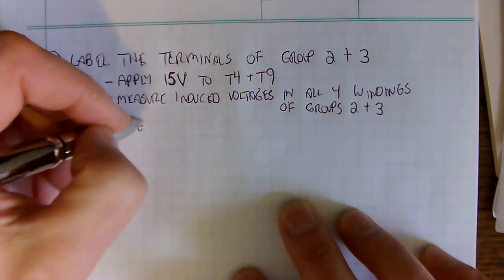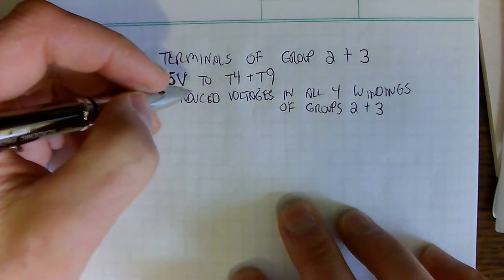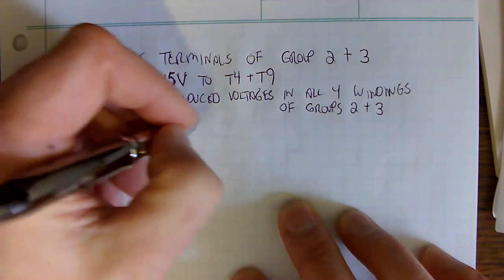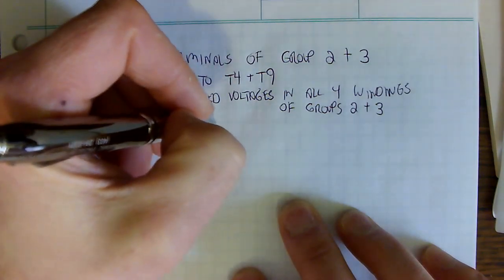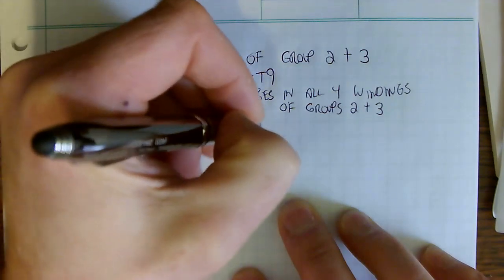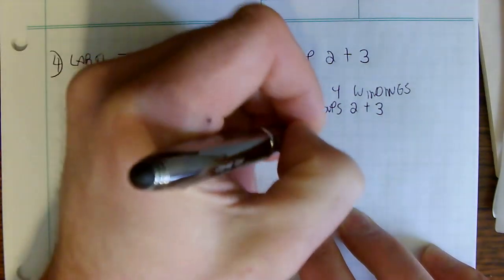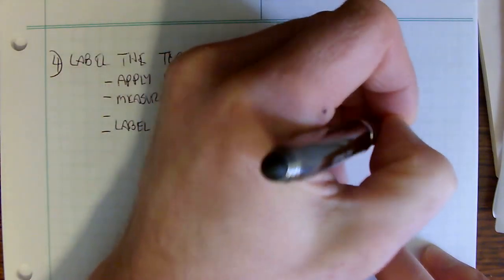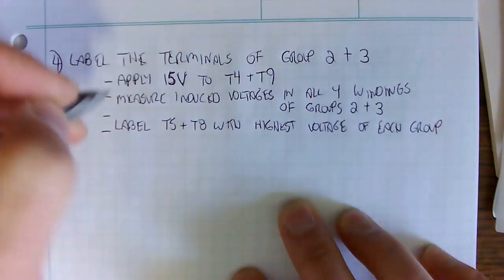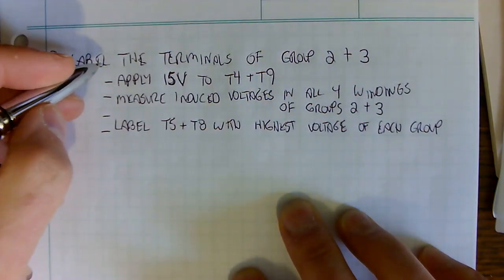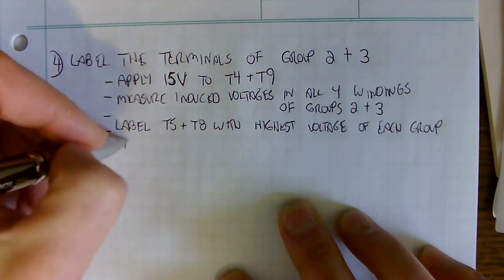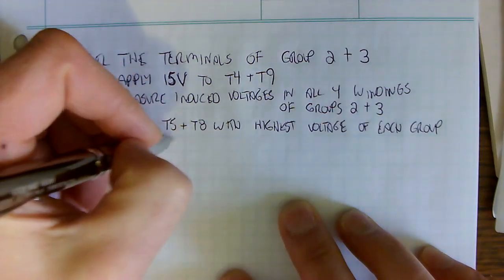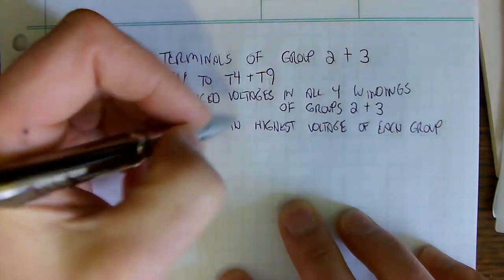Label T5 and T8 with the highest voltage relative to the group. And then we can label T7 and T6 by default.